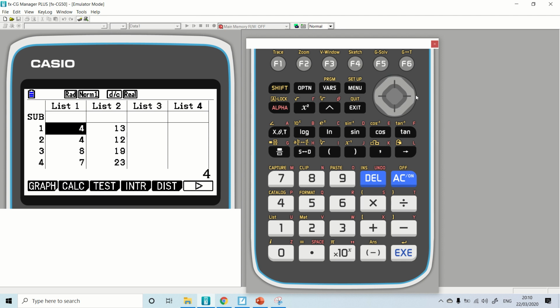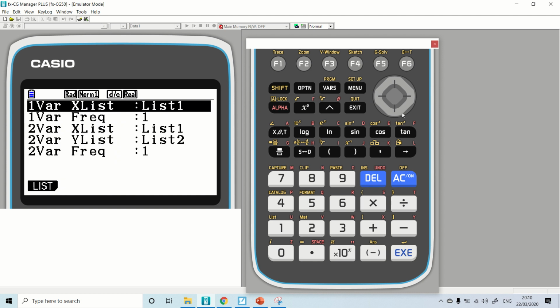And then into list 2 you need to put the data for the maximum wind gust, remembering that we've crossed out those 2 days where we don't have data for the wind gusts. And then what we need to do to calculate the product moment correlation coefficient is we need to go on calc, so F2, and then we need to go on set before we do anything else.